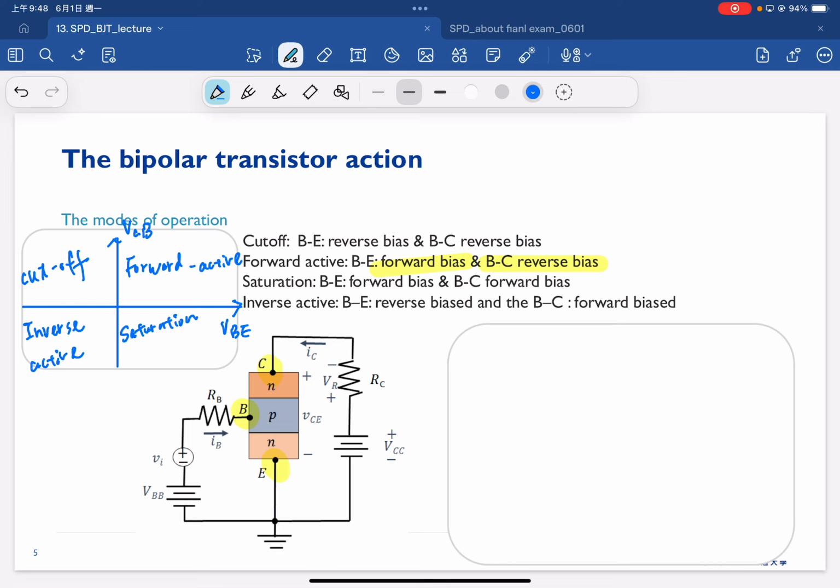And one more thing I want to mention: for the BJT, it's very important to understand that we have the base current here, because the BJT is normally considered a current drive device.